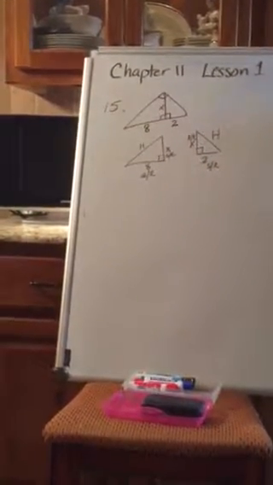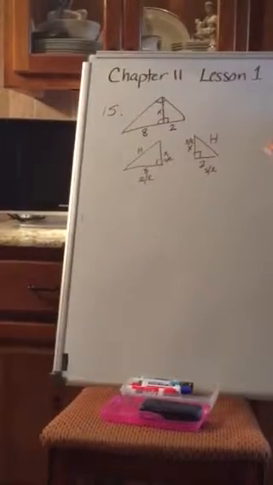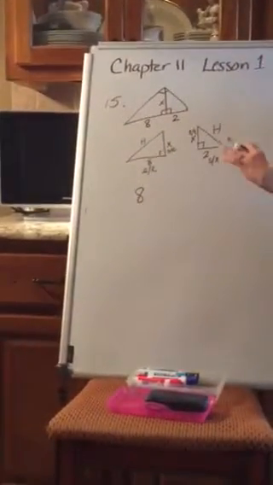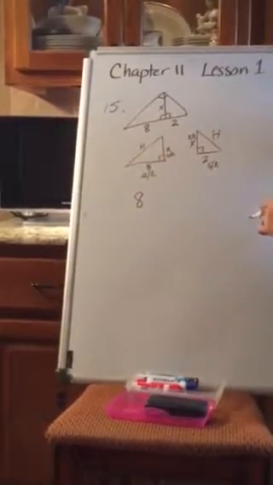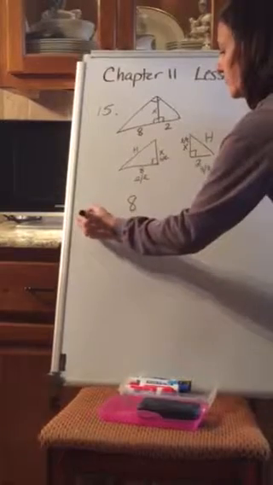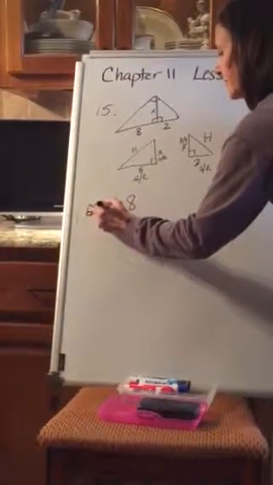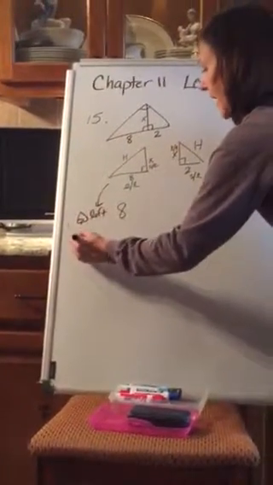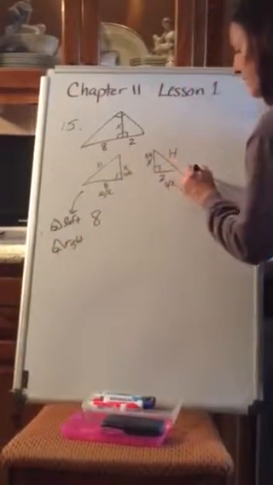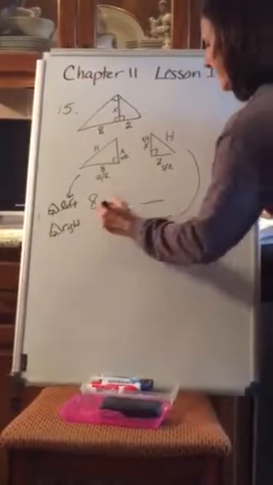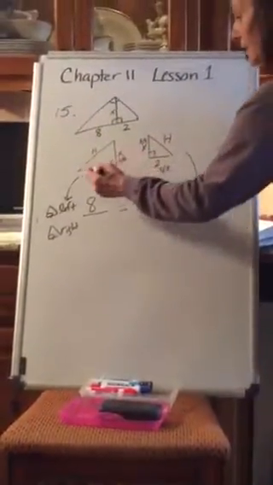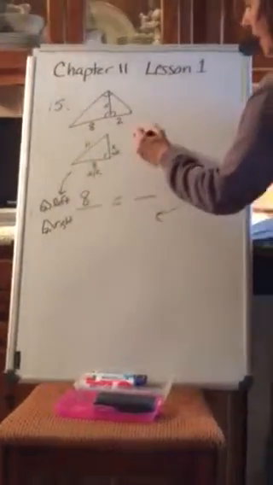So now what can I say? Looking at this leg, 8 on this side is the longer leg. So this is the triangle on the left, and here is your triangle on the right. This one we'll put in the denominator. We're going to do a proportion, just like we've done. So 8 in this one corresponds to what side?